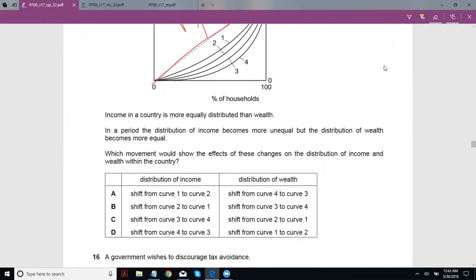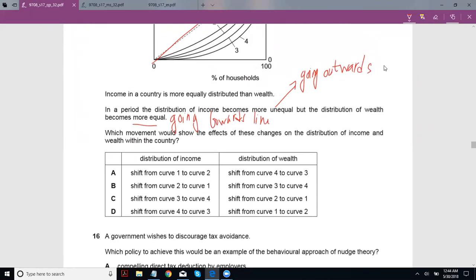In a period, the distribution of income becomes more unequal, but the distribution of wealth becomes more equal. So wealth is clearly going towards the line, and income is going outwards, because the more out you go, the more you deviate from the line.